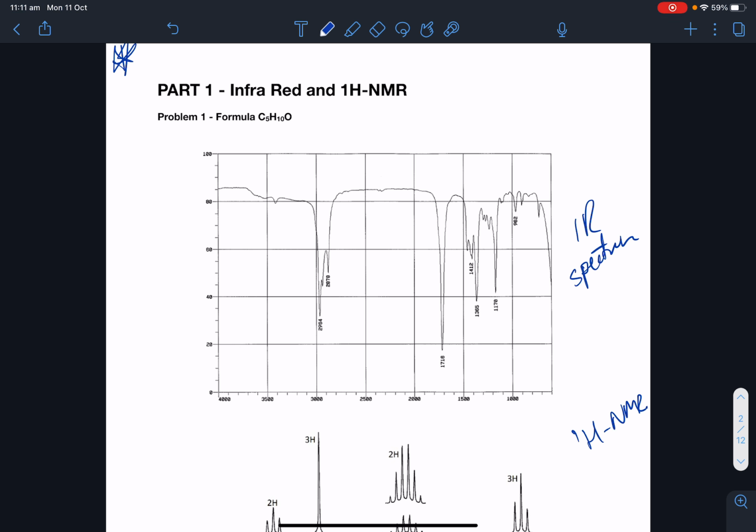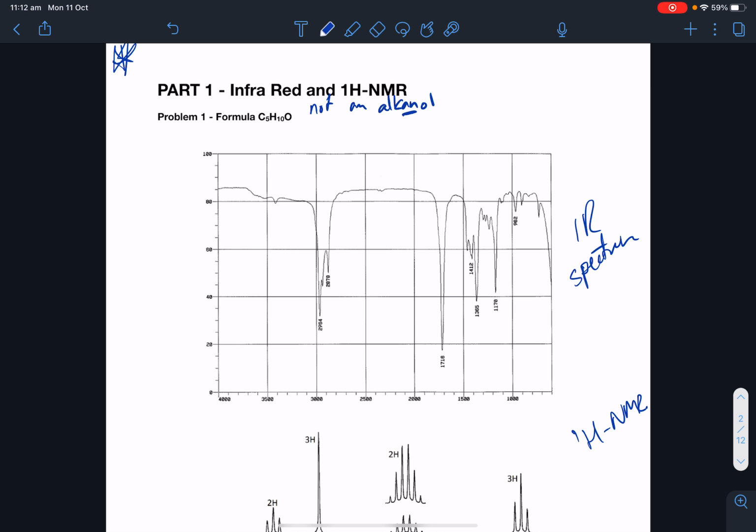So we don't have an alkanol, an alkane backbone with an alcohol group on it.